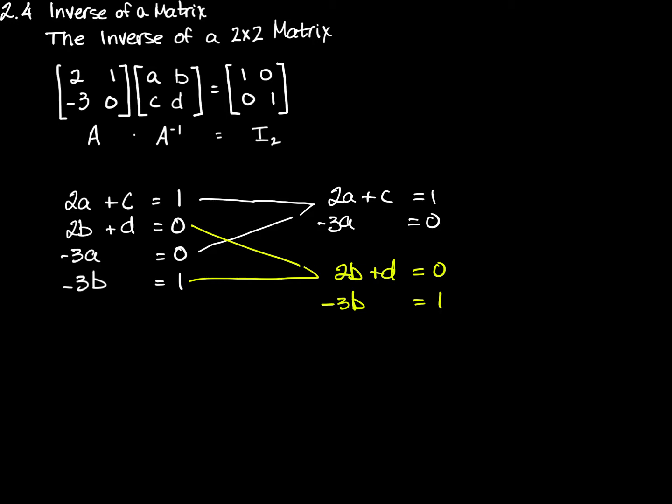And then what I'm going to do is solve each of those systems of equations to figure out what A and C are here and what B and D are here. And then I'll have the values that go with A, B, C, and D, and I'll have my inverse. So that's the process. I'll go ahead and see that out so that you can see what the result is.